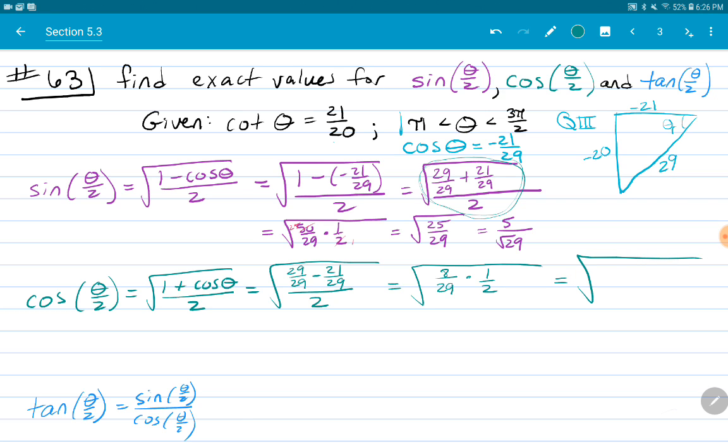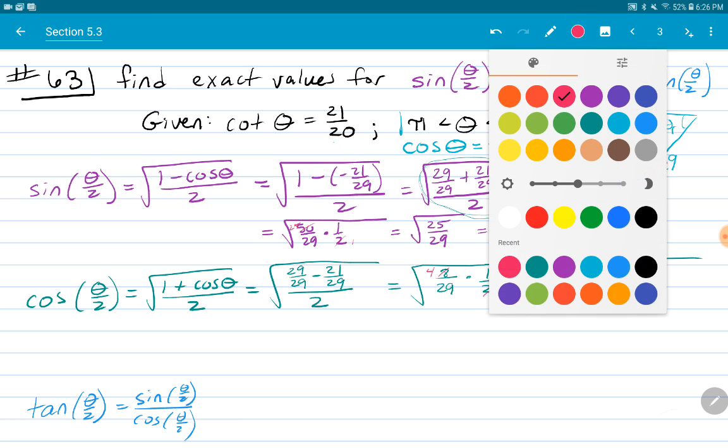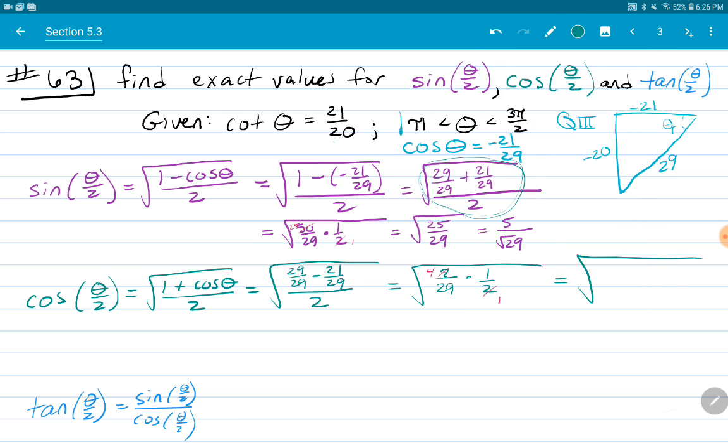So again I can reduce. The 2 and the 8 reduce to 1 and 4, which gives me 4 over 29, and that 4 comes out very nicely out of a square root as 2, and I still have a square root of 29 in the denominator.